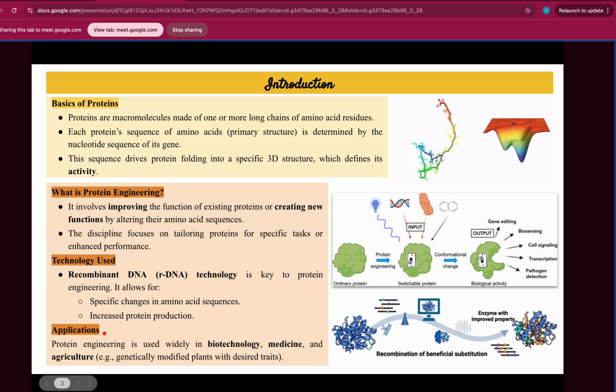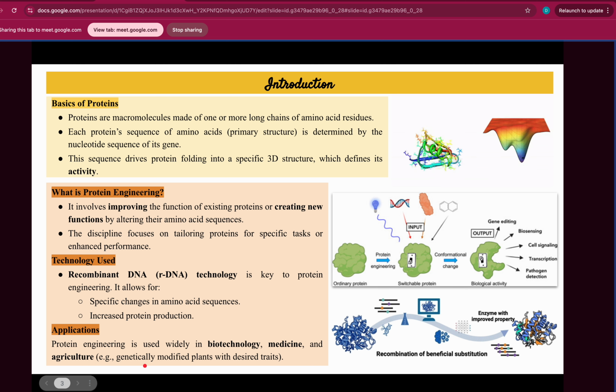Now, what are the applications of protein engineering? It is mostly used in biotechnology to design certain drugs or proteins, or to increase the production of certain products, such as the productivity of enzymes, which can be used for different purposes. We can also use this engineering in medicine and agriculture.